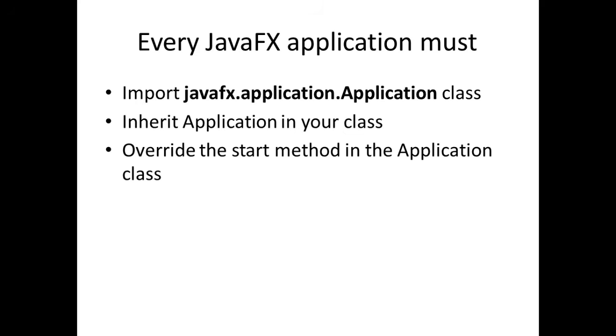So what you have to do when you're going to code in JavaFX, what are the steps? What are the initial steps? You have to import javafx.application.Application. So every JavaFX application should import this class, and you have to inherit the Application class in your code, and you have to override the start method in your application class.